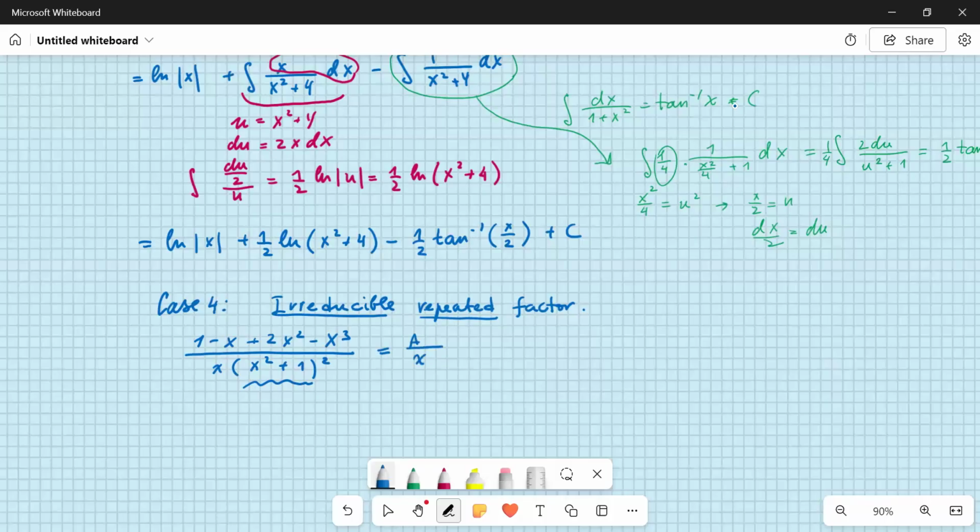So we are going to represent our partial decomposition. Well, the first x is just going to give you A over x. The second is going to be Bx plus C over x squared plus 1. And then Dx plus E over x squared plus 1, squared.